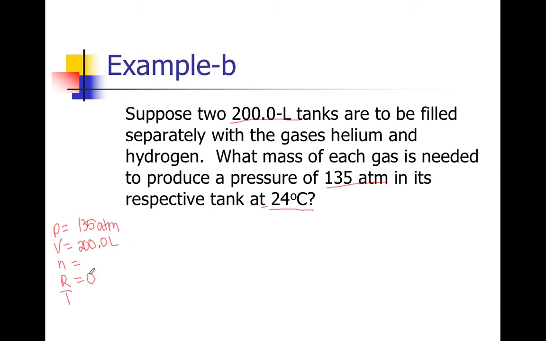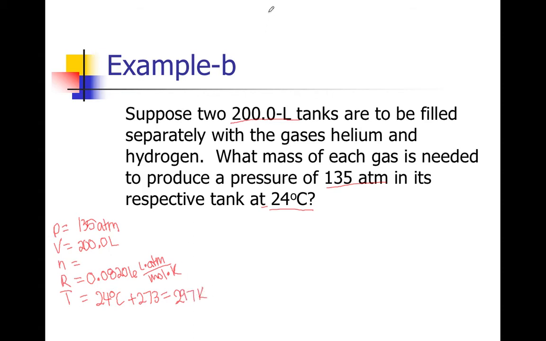The R value is still the same. And the temperature is 24 degrees Celsius, which we need to convert to Kelvin by adding 273 to it. And you should get 297 Kelvin.